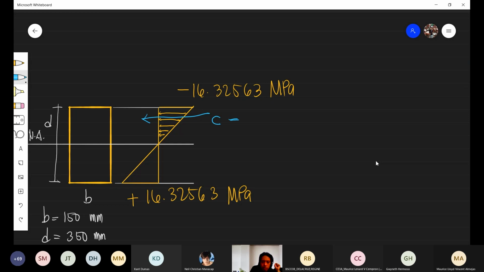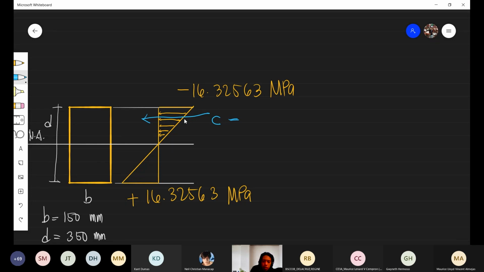So what is the stress? Negative 16.32563 at the top, then 0 at the bottom. So it varies. Since it varies, the magnitude we put is the average stress.